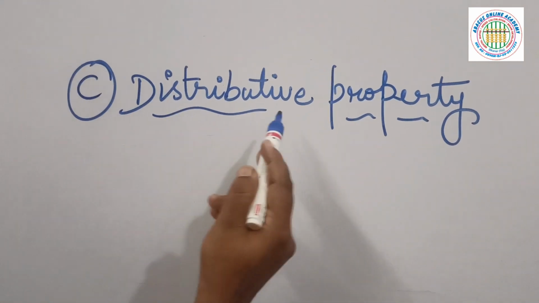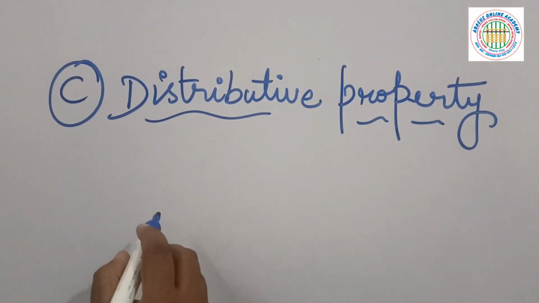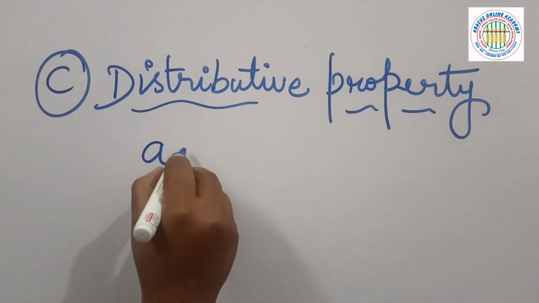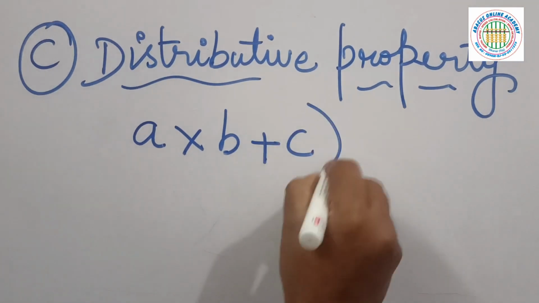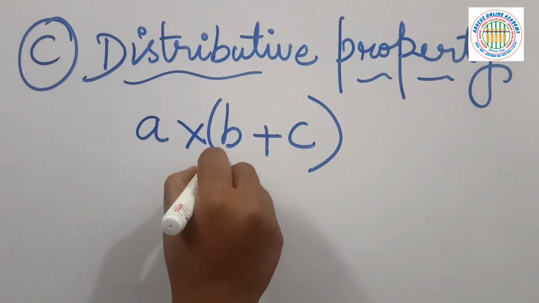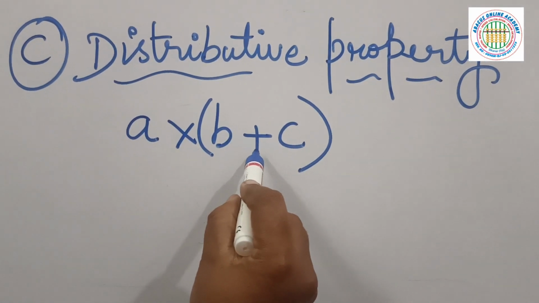Okay, next one is distributive property. Now what is distributive property? A into B plus C. You can see the difference here. For associative property it was multiply sign.